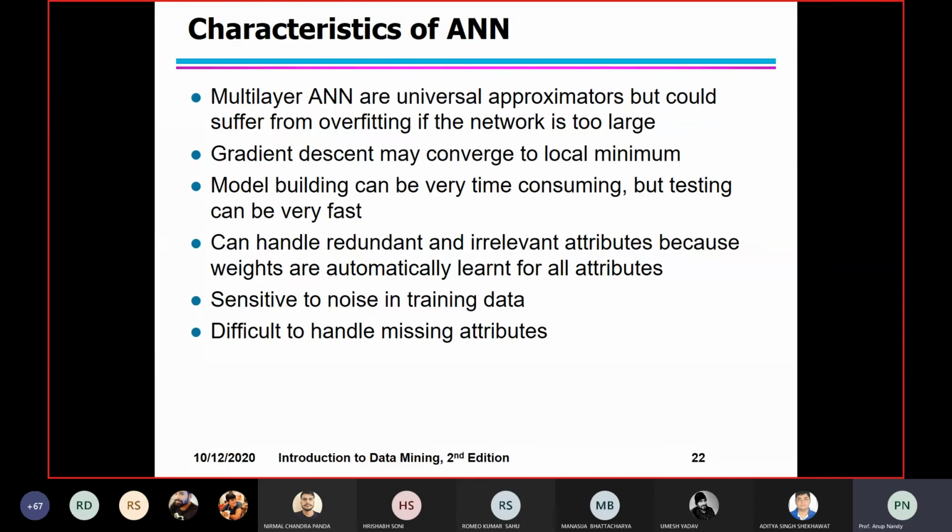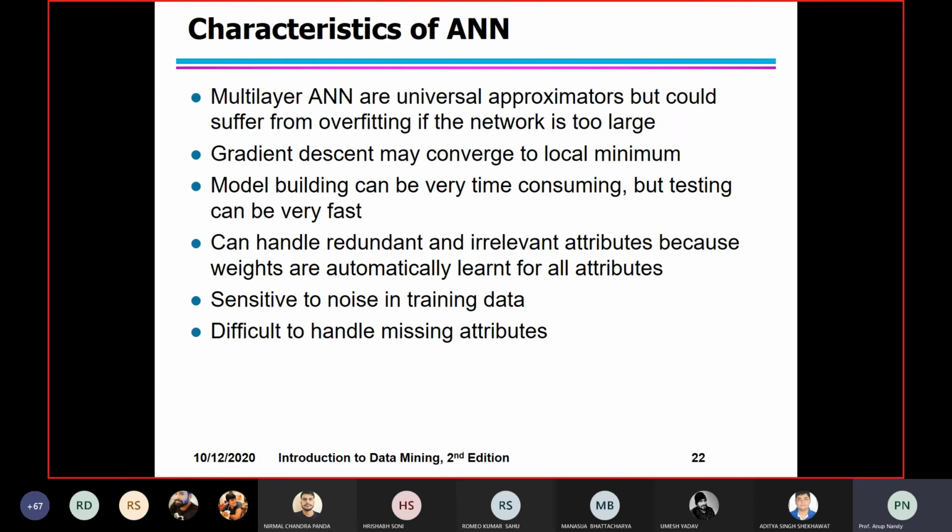In general, you could suffer from overfitting if the network is too large. If the network is too small, then you have underfitting. So there is a trade-off. Gradient descent may converge to a local minimum, as I already told you.